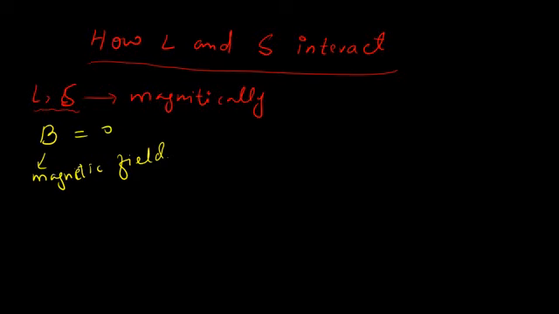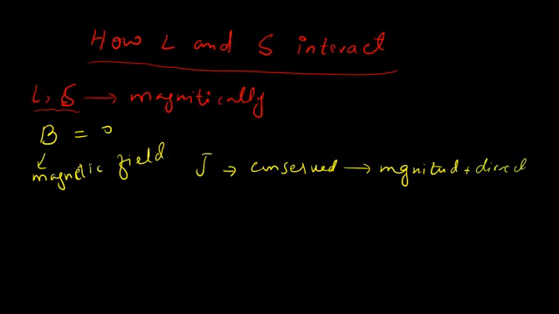As we know, J is conserved both in magnitude and direction. There is also an internal torque acting on the electron.